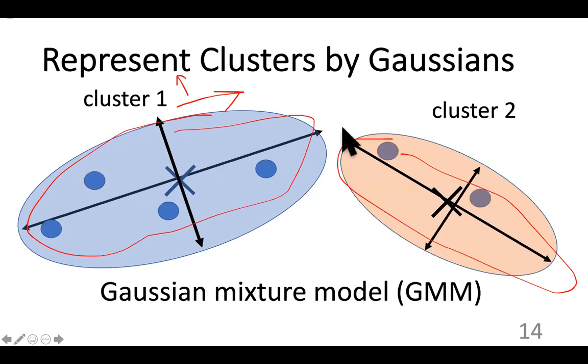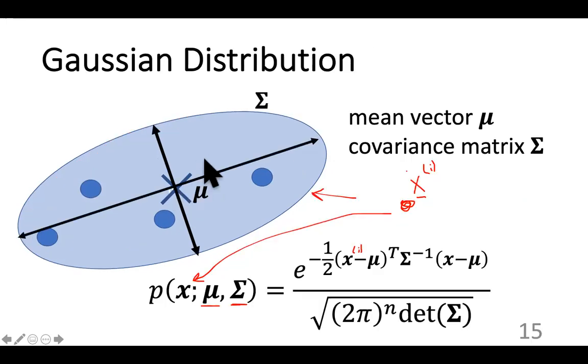That's why I started with saying, let's represent a cluster by a mean vector and the covariance matrix, because this is exactly what we need to specify a Gaussian distribution. This is maybe the main mental challenge to understand the clustering algorithm I will introduce in a second. The underlying idea is to represent the cluster by a Gaussian distribution.